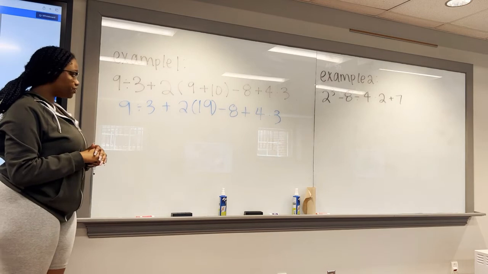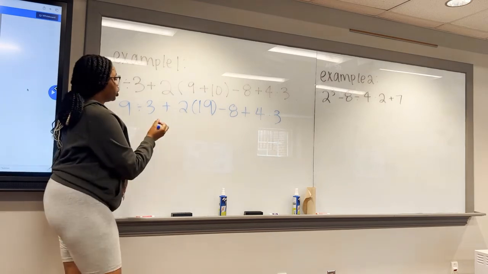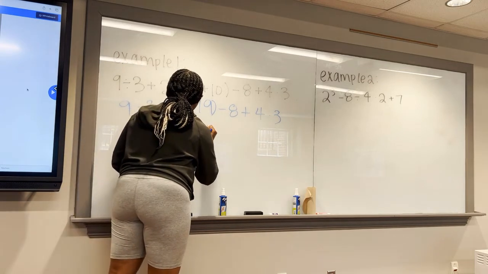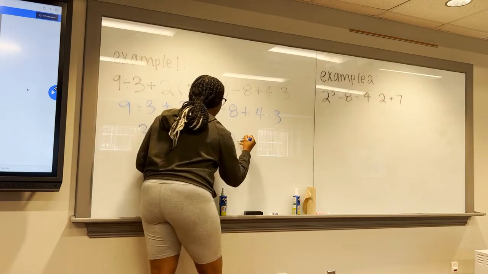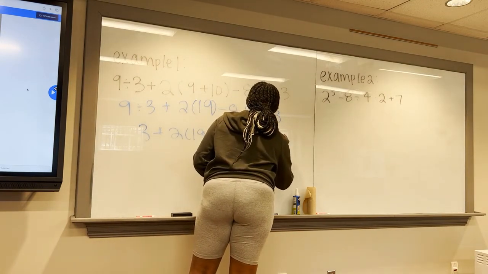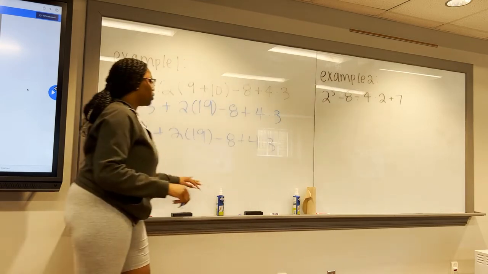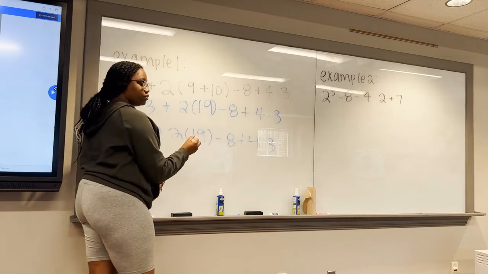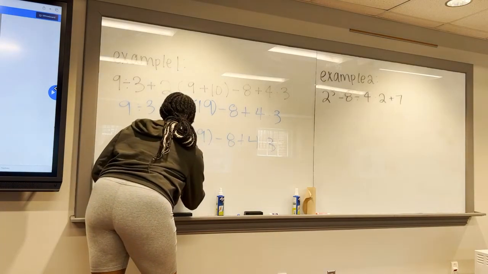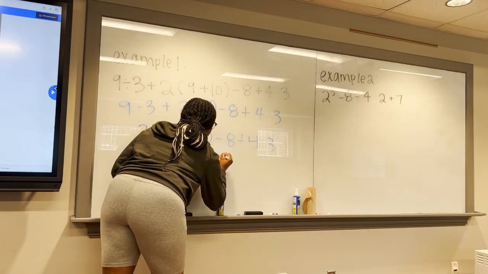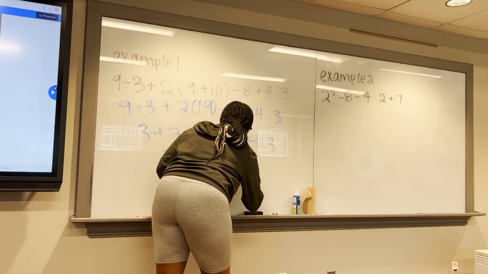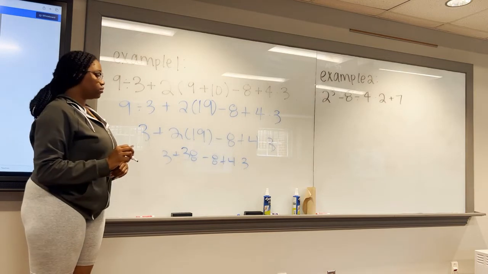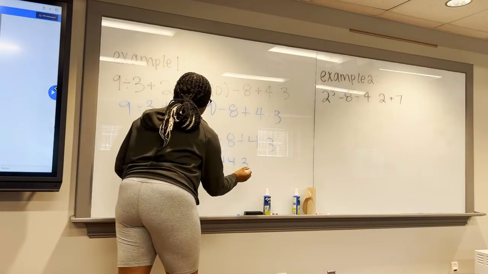Next step, 9 divided by 3, which is 3. Next step, 2 times 19, which is 38. What is our next step? 4 times 3, which is 12.